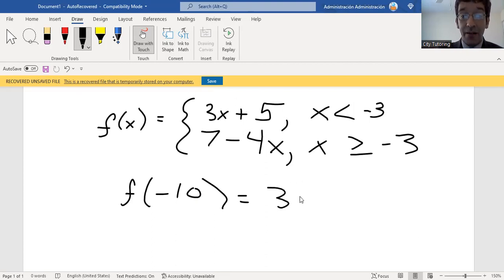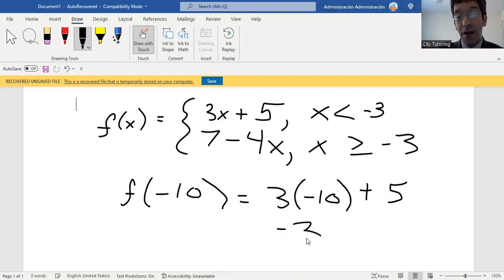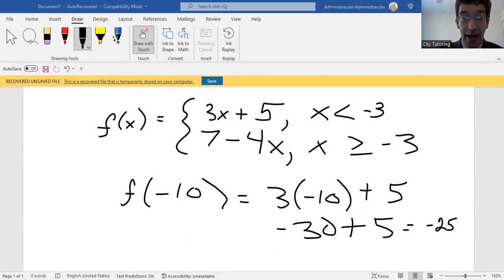That's 3 multiplied by negative 10 plus 5. So that's negative 30 plus 5, which gives you negative 25. And that is an example of how you would apply that.